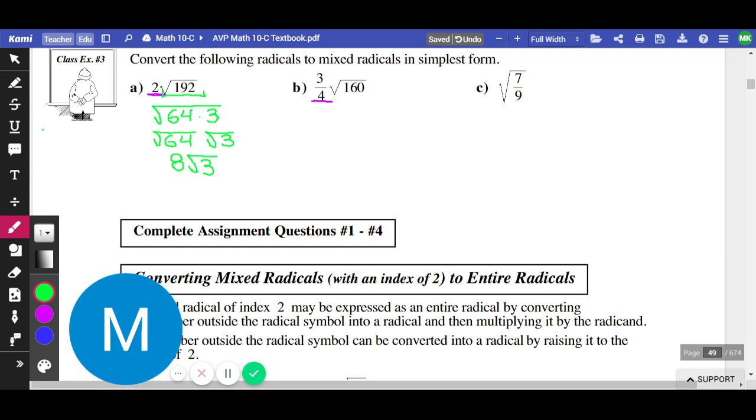Now, I've got to deal with that coefficient that was out front. What do coefficients mean to do again? What operation do they do? Do they mean to add, subtract, multiply? People are like, multiply. It means to multiply, yeah. So if we think about what a coefficient actually means, it means multiply, that means I could have had 2 times root 64 times root 3. That means I still have 2 times 8 times root 3.